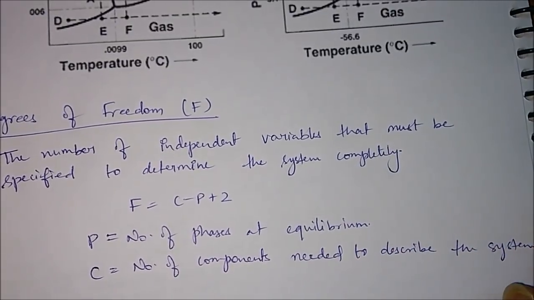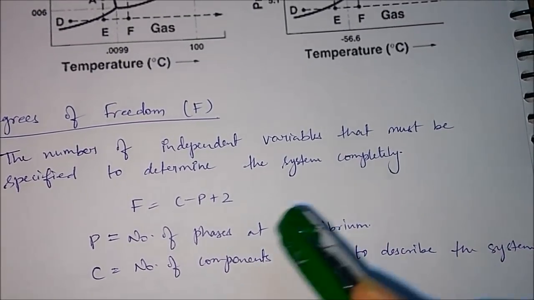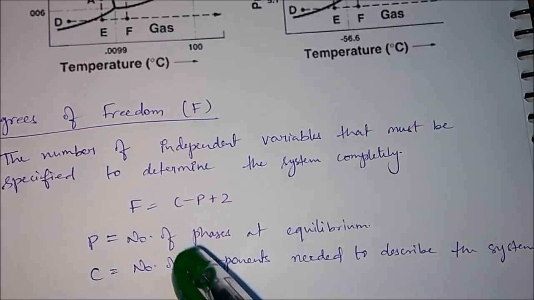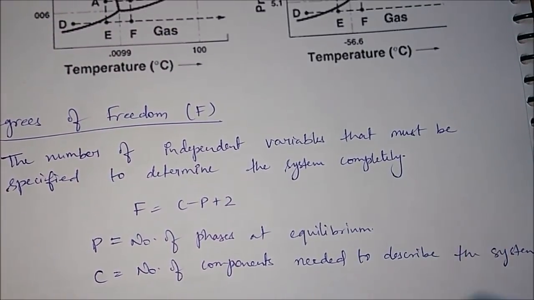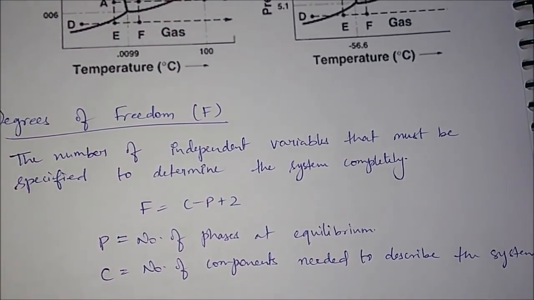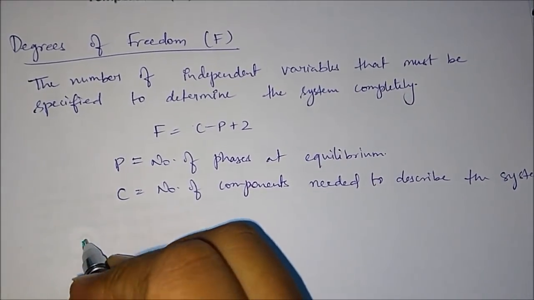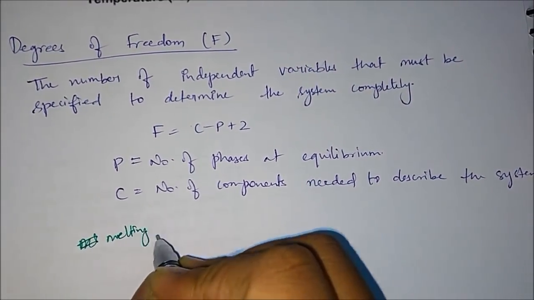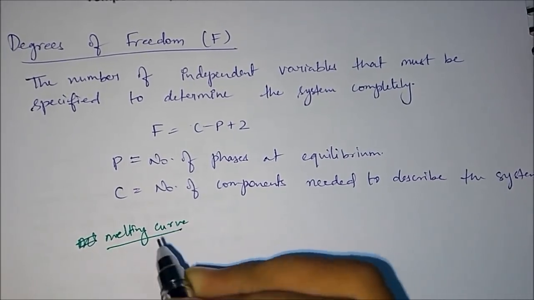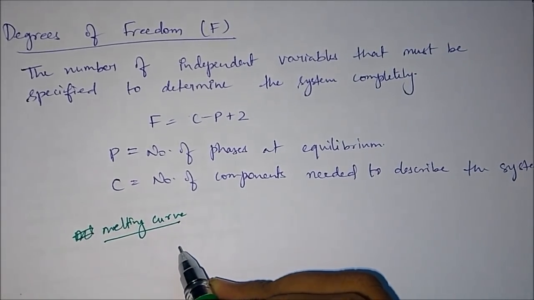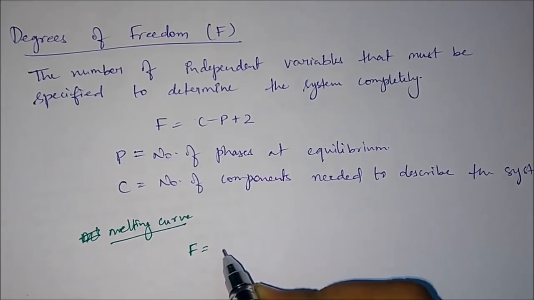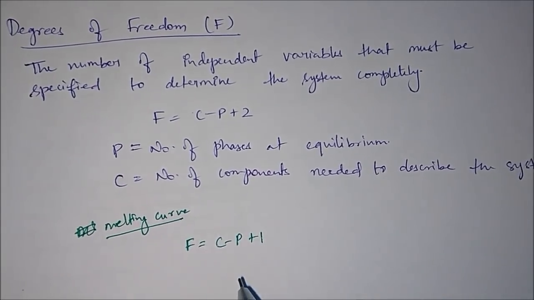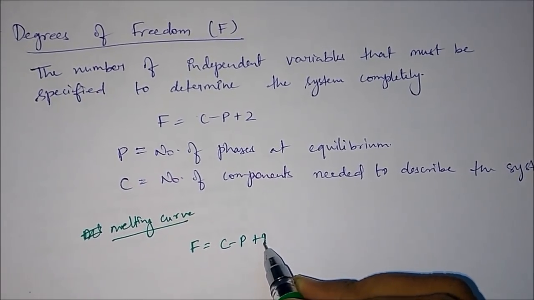Okay, so if you want to calculate degree of freedom at a point, you have to calculate both of these things. So if I talk about the melting curve, what happens at the melting curve? How many degrees of freedom are there? The formula is F = C - P + 2.